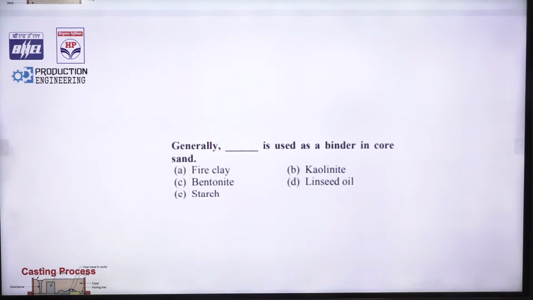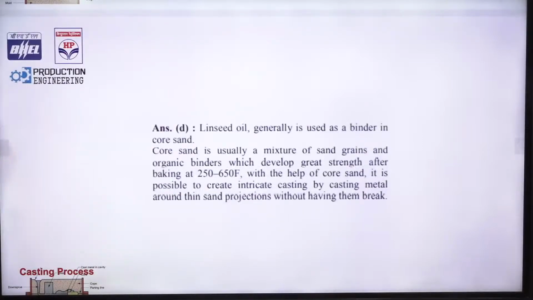Binder. Which one do you use as binder? So in core sand, which one do you use as binder? Fire clay. Okay. ओके बाइंडर में हम यूज करते हैं लिनसीड ऑयल. दिस ऑयल इज यूज्ड एज बाइंडर.